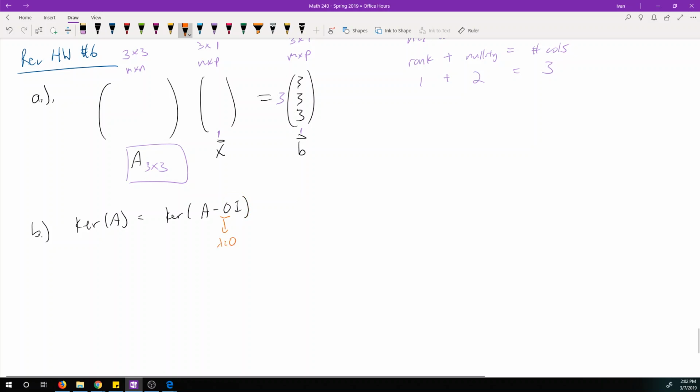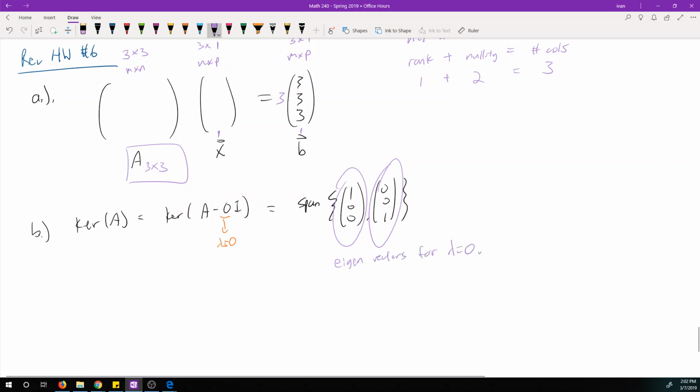Since I tell you that the kernel of A is equal to the span of 2 vectors, what are these vectors? They are eigenvectors for lambda equals 0.